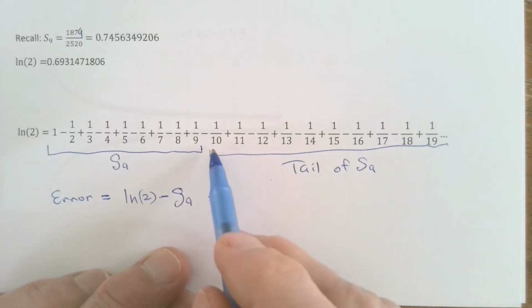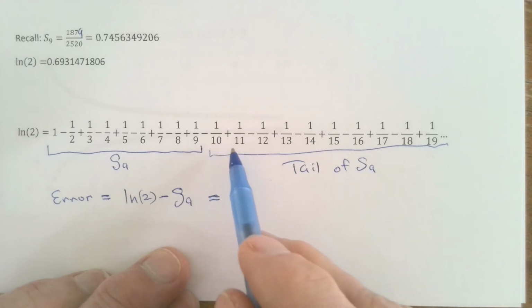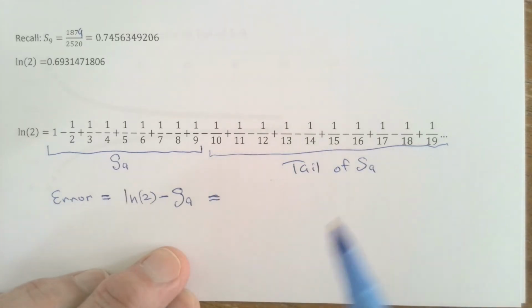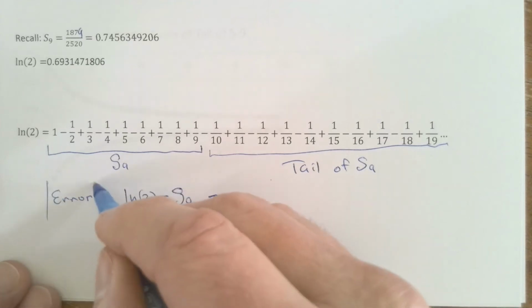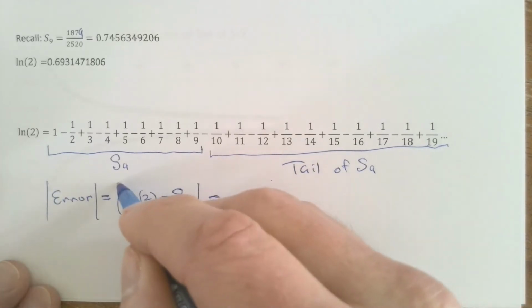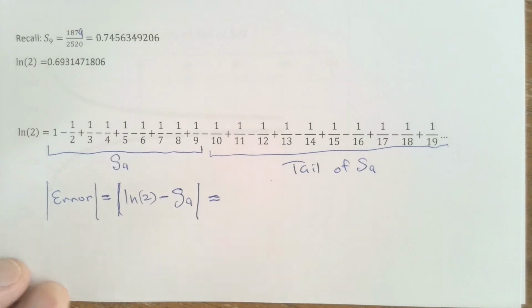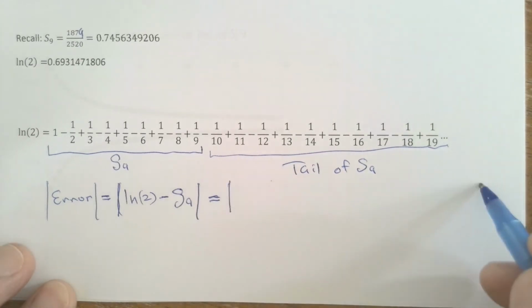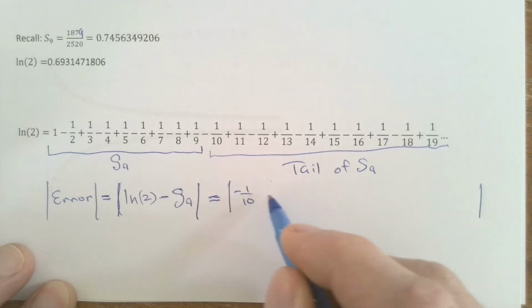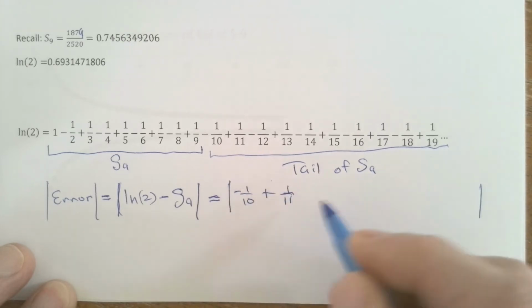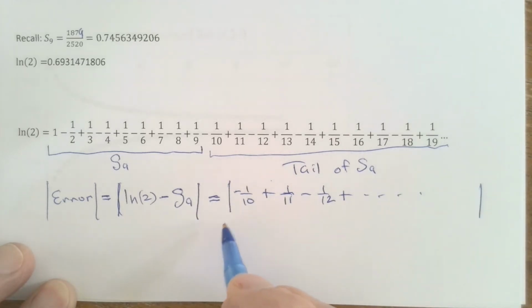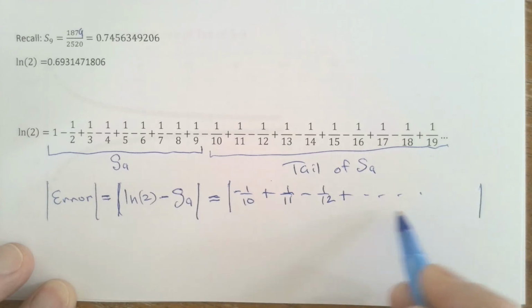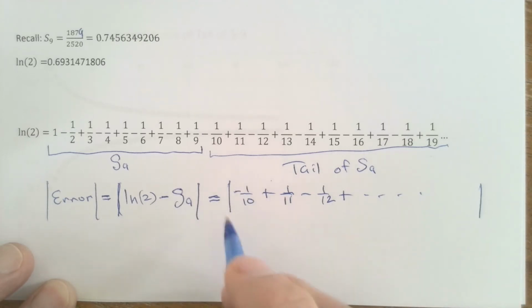Well, this tail is itself an alternating series, and it converges to a number between 0 and its first term, negative 1/10. Now, when we talk about error, we usually put absolute value on it. We don't care if it's too high or too low. We just want to know how far off. And for that reason, I would put an absolute value around this tail, which again is negative 1/10 plus 1/11 minus 1/12, etc. But that tail has a value closer to 0 than its first term.